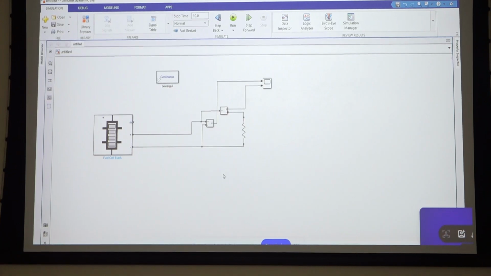Sir, for continuous and discrete, if you want to incorporate any power electronics in your design, that means any nonlinear switching element, then you have to go for a discrete model.